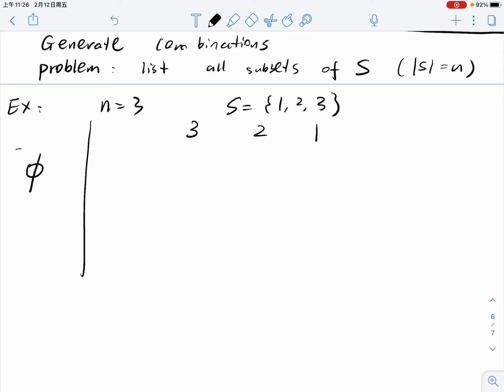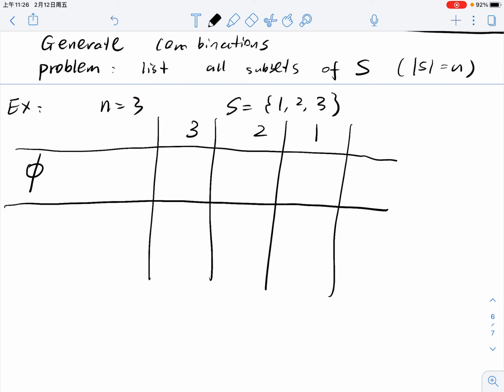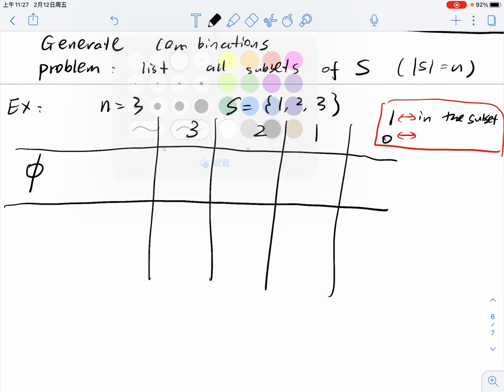On the left, let's list the subset, and on the right side, let's use 1 and 0 to denote if the corresponding element is in the subset. 1 means in the subset, and 0 means not in the subset.